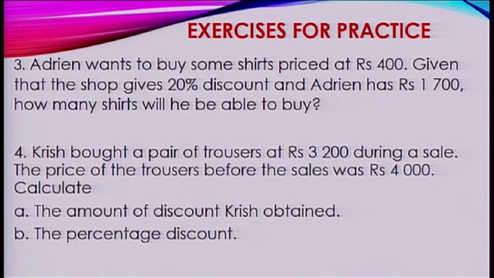Krish bought a pair of trousers at 3,200 rupees during a sale. The price of the trousers before the sale was 4,000 rupees. Calculate part A, the amount of discount Krish obtained, and part B, the percentage discount.